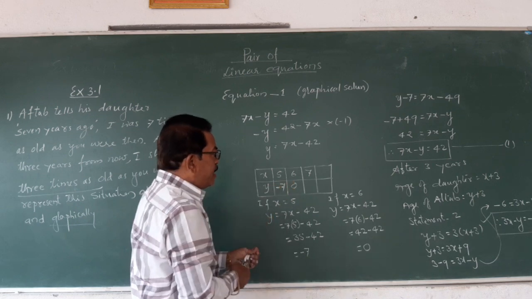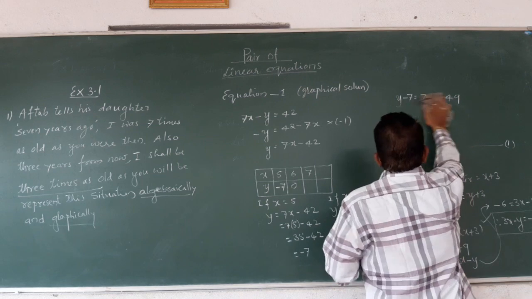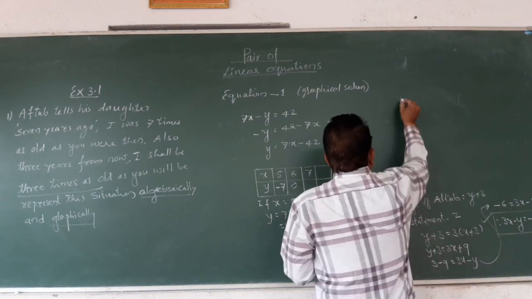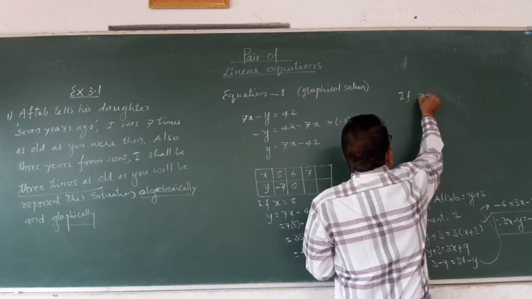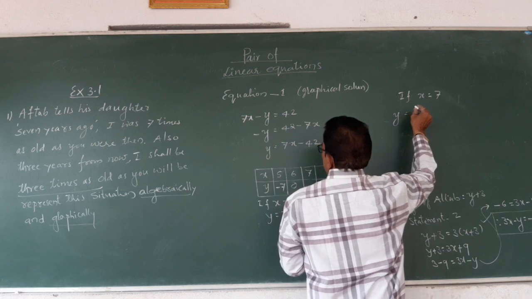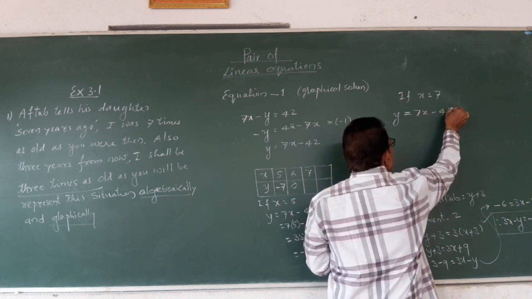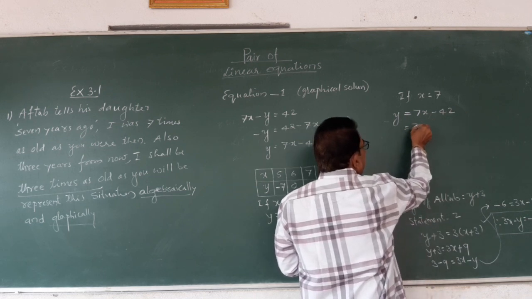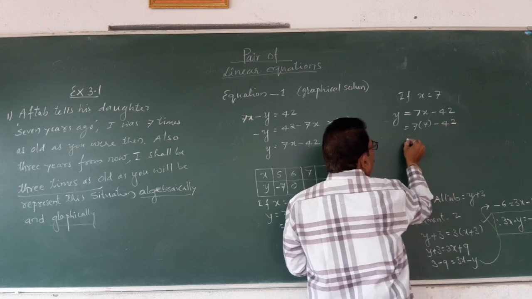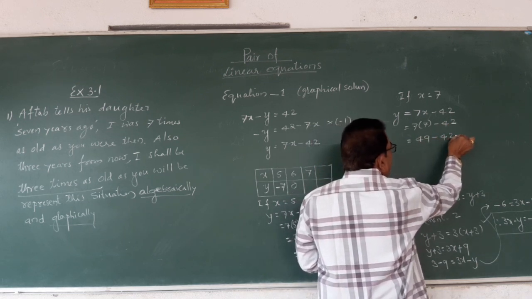Then let us find the value of y when x equals 7. Okay. If x equals 7, then y equals 7x minus 42. 7 7s are 49 minus 42.